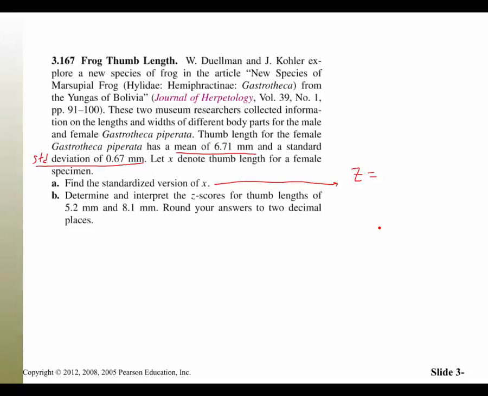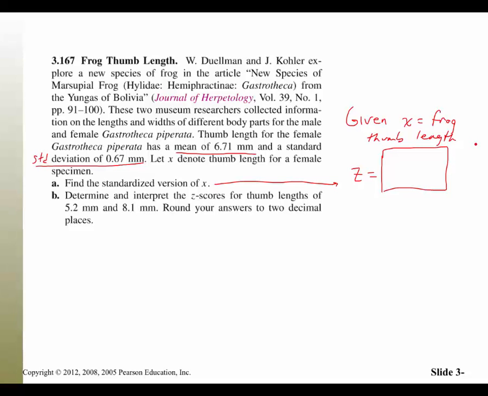So how would we just get this? This is just a general formula then. Given any frog thumb length, how could we calculate? So given x equals the frog thumb length. This is very important to know, the lengths of frog thumbs, right?